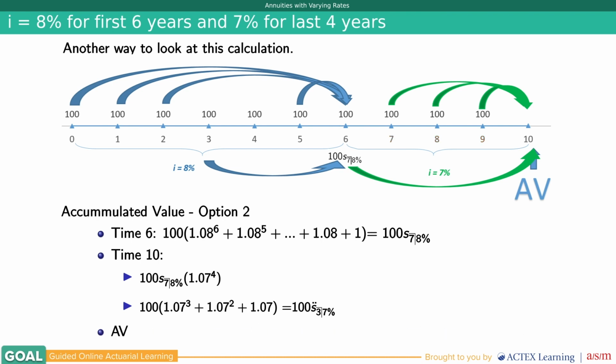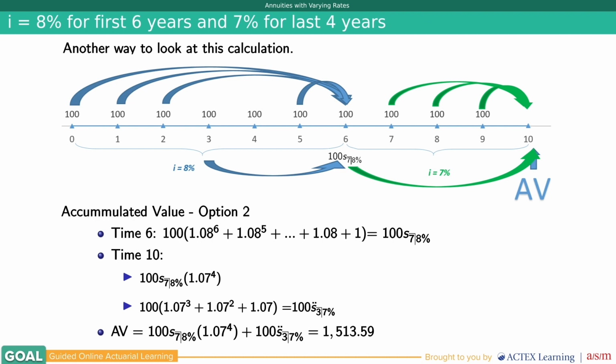Thus, our final total accumulated value at time 10 is the sum of these 2 annuity values and is equal to $1,513.59.